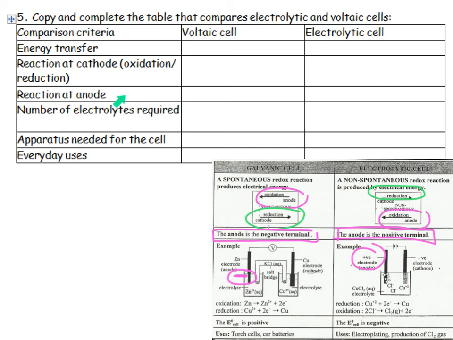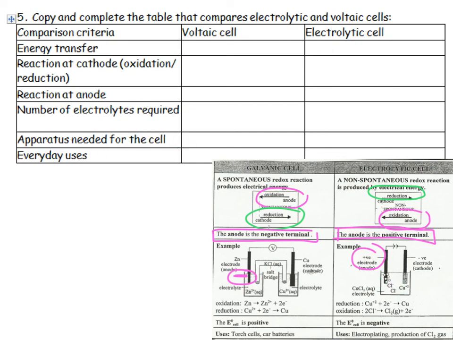The anode is where oxidation takes place, and you always have oxidation and reduction. At the anode you always have oxidation. Number of electrolytes required: you have 2 solutions for the voltaic cell, whilst only 1 for the electrolytic cell.